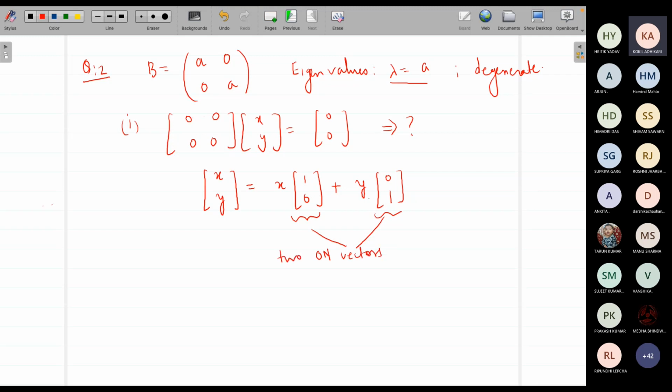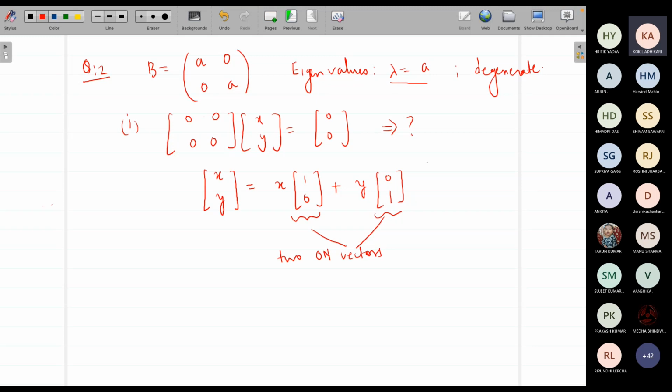These two vectors are sufficient to constitute the basis.